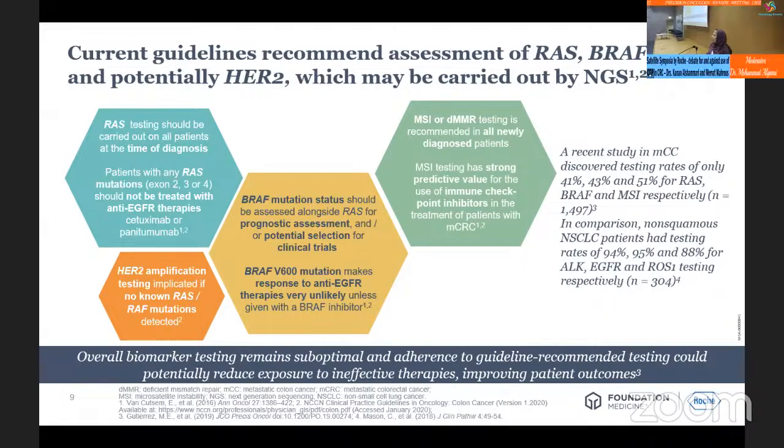So for any patient with colorectal cancer, we do the RAS testing. Since 2011, we down-stratified RAS to KRAS and NRAS, followed by BRAF. This is because when you are giving the patient anti-EGFR treatment with RAS wild type, if this patient has a BRAF mutation, they have no benefit from the treatment.